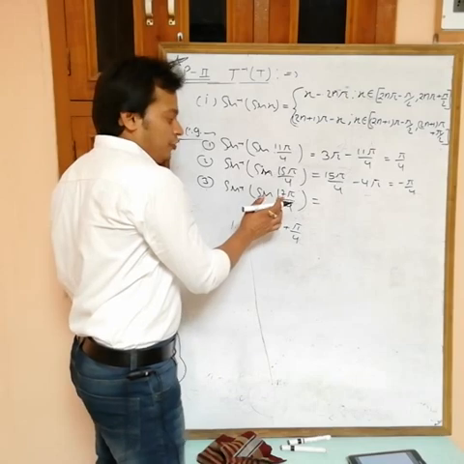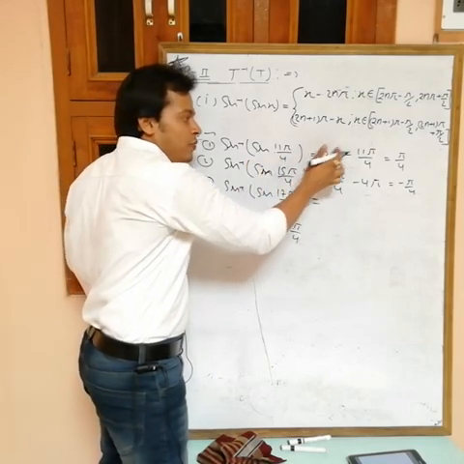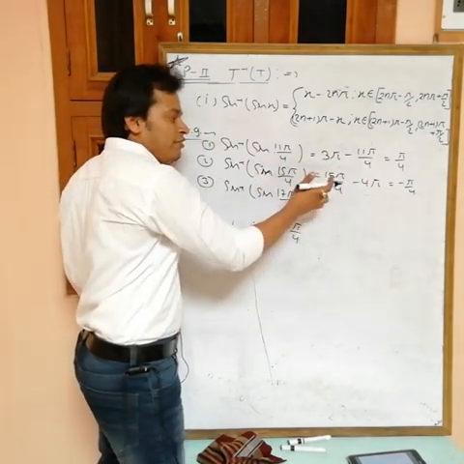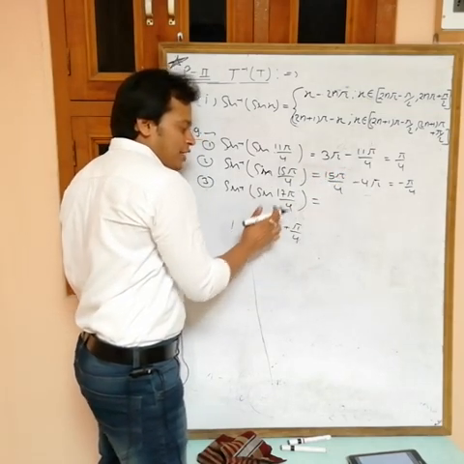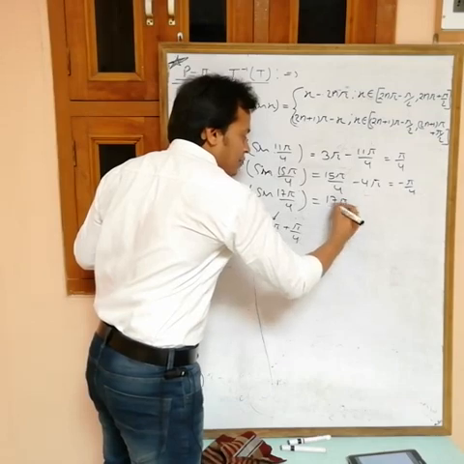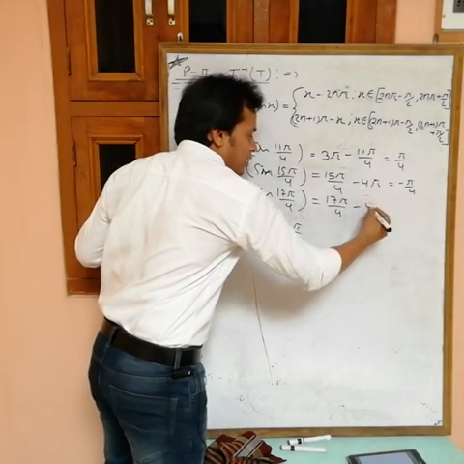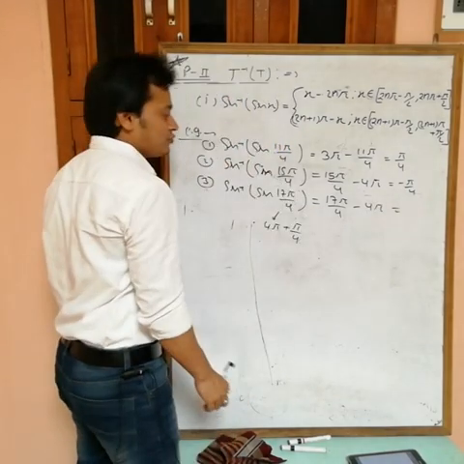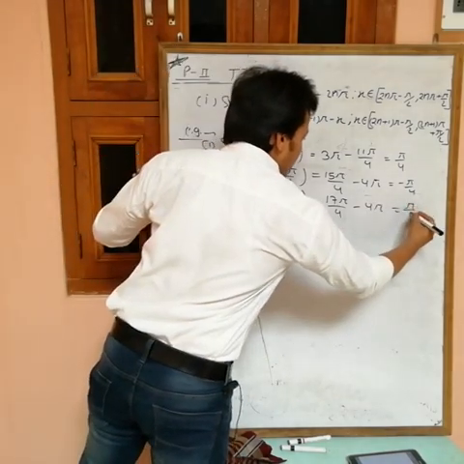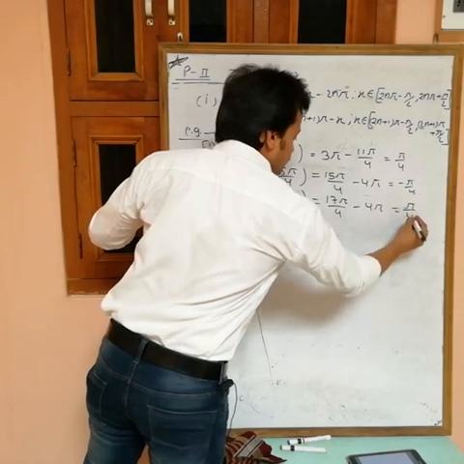So if x is near to odd pi, then odd pi minus x; if x is near to even pi, then x minus even pi. Now x is near to even pi, so 17 pi by 4 minus 4 pi. If you solve this, what you will get? Pi by 4.